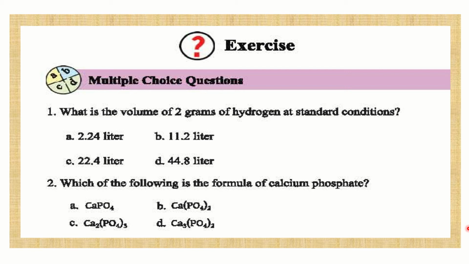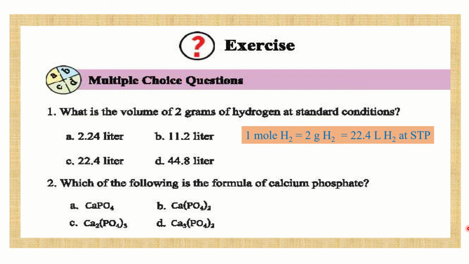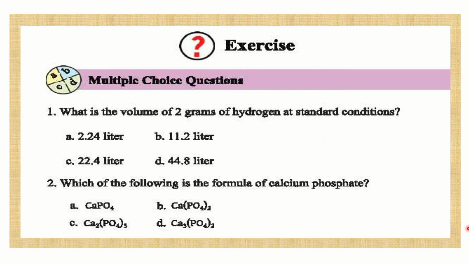That means the volume of 2 gram of hydrogen is 22.4 liter at STP. So it will be option C, 22.4 liter.